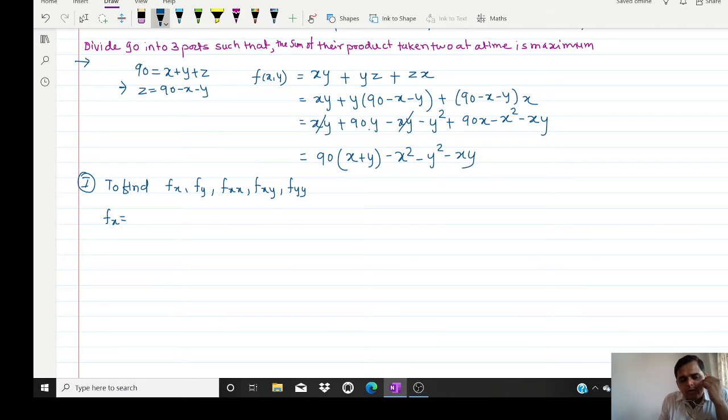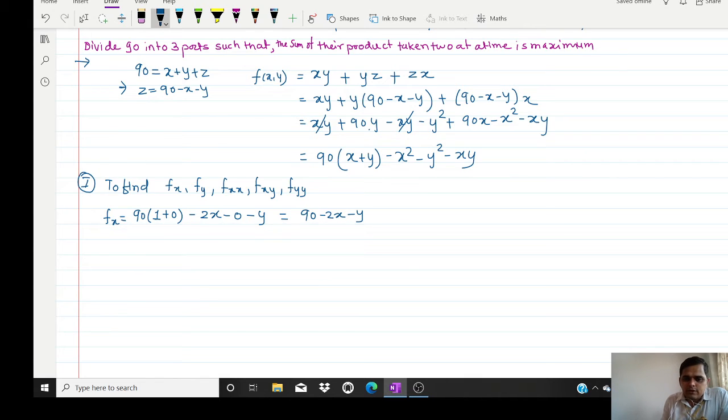So what is the derivative of f with respect to x? In the first term, the 90 as it is, derivative of x will be 1, derivative of y will be 0. In the second term, the derivative of x square is 2x. Next term, that is in third term, the y square derivative would be 0, and the next derivative will be y. So hence what I am getting, 90 minus 2x minus y.